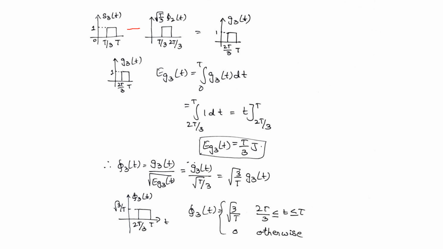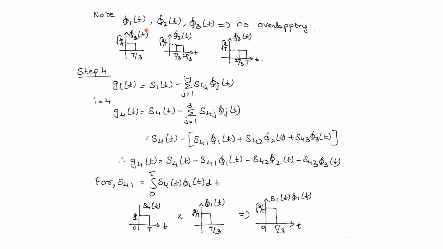I have got the energy as T by 3 after solving that. In the same way as I found phi 2 of t, I am finding phi 3 of t also. So I am getting phi 3 of t equal to root 3 by t over the interval 2t by 3 to t and 0 for the other values.